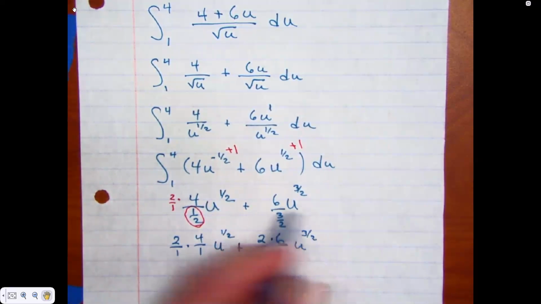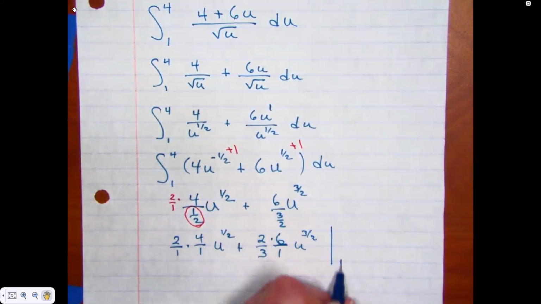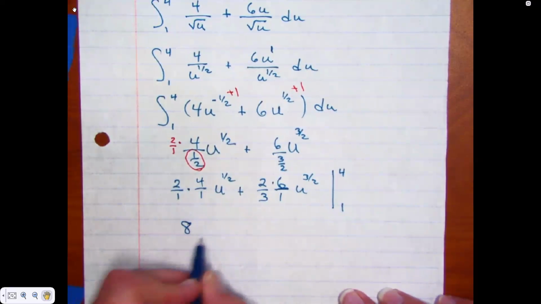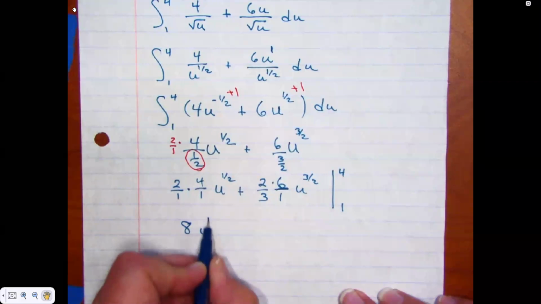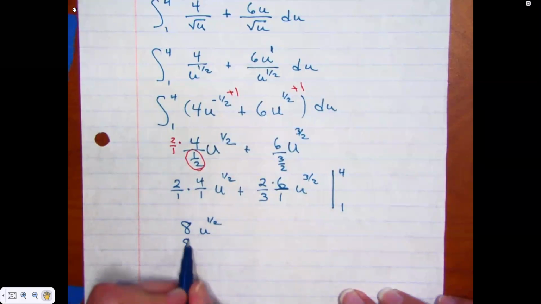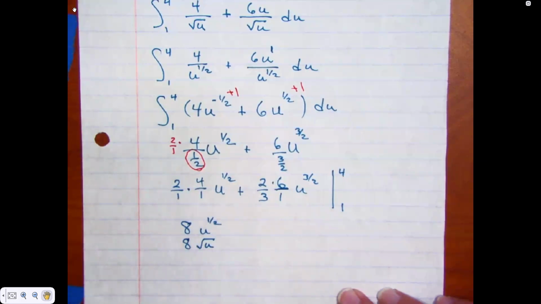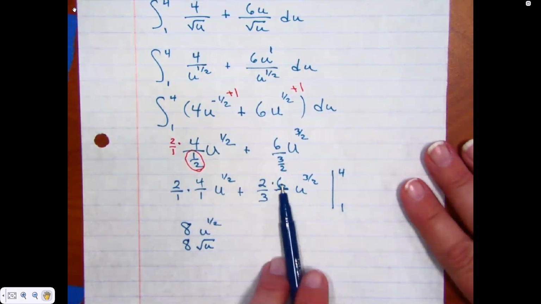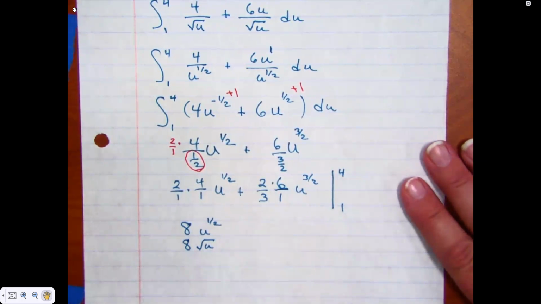Okay, so now I've done the antiderivative, so now I'm going to do my line 1 and 4. And this actually turns out okay, right? Because this turns out to be 8u to the 1/2. Remember, if you want to write that back now as the square root of u, you can. And then this one turns out to be what, 12 divided by 3? So that gives us 4.